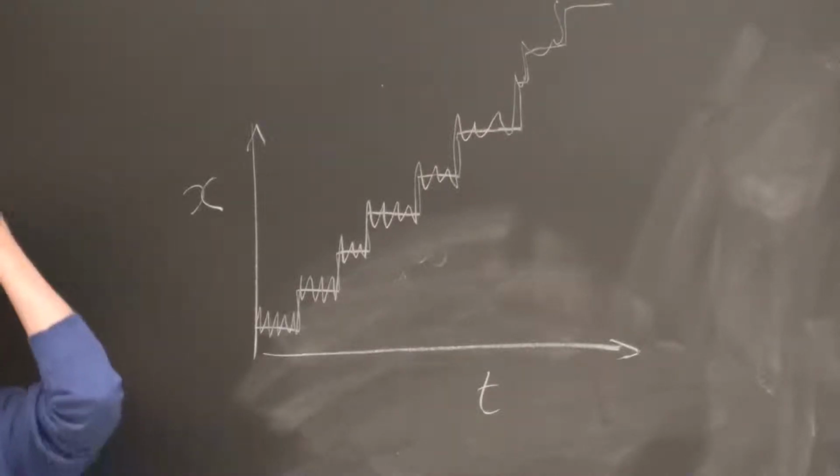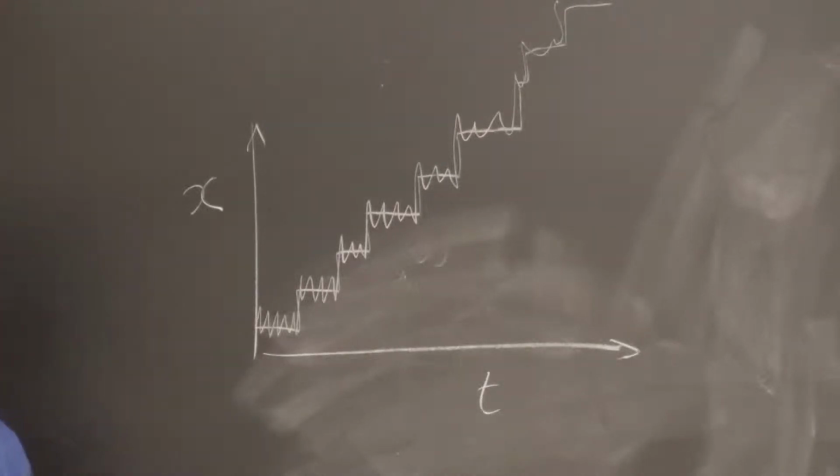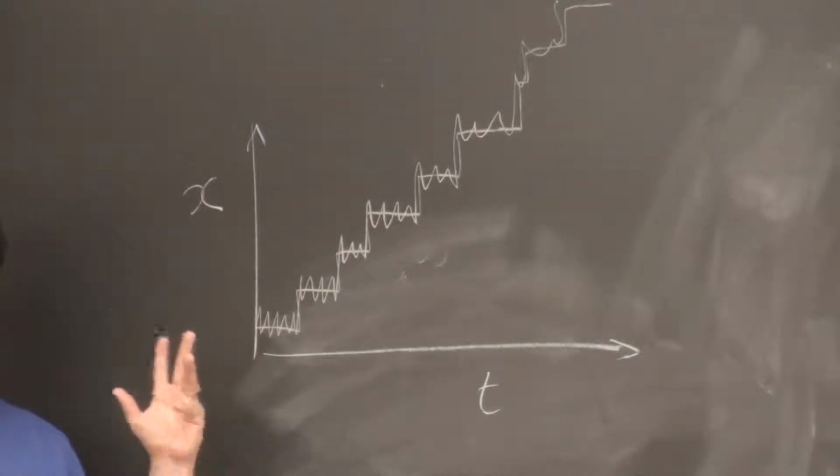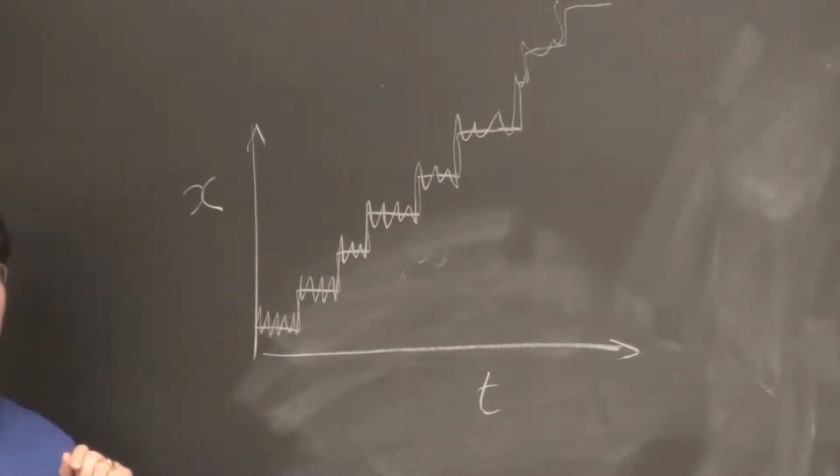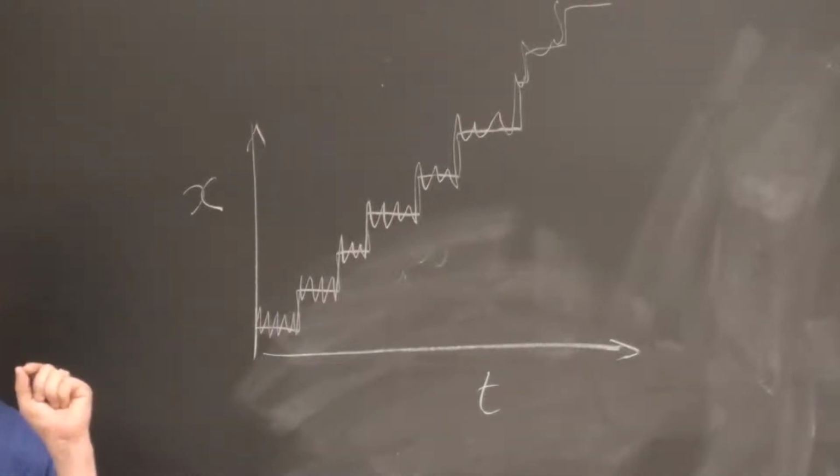So in some cases, you have to rely on computational tools to really show that there are discrete steps. Because if you rely on visual inspection, sometimes it can be misled.